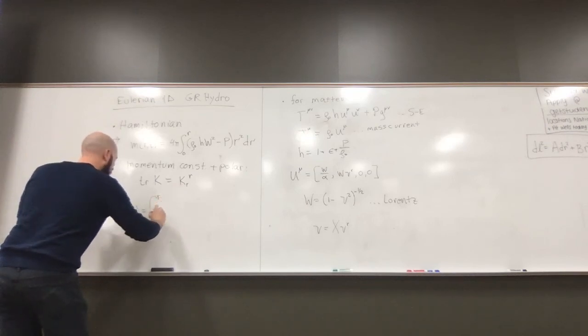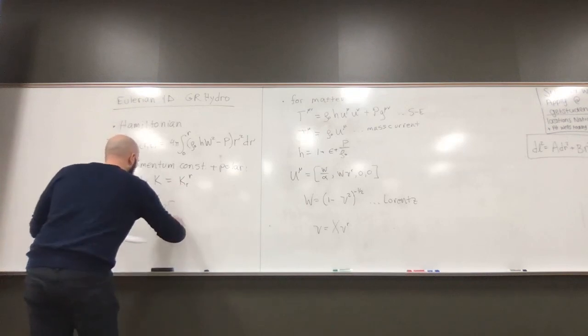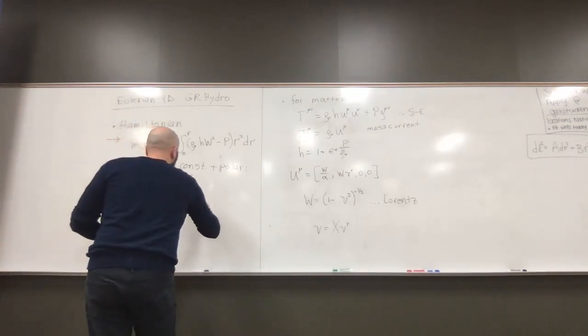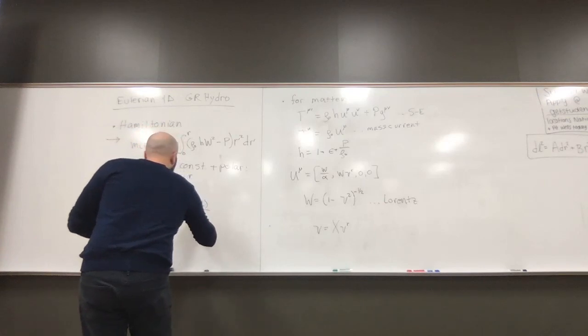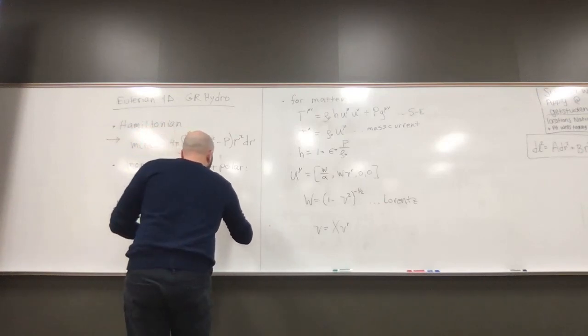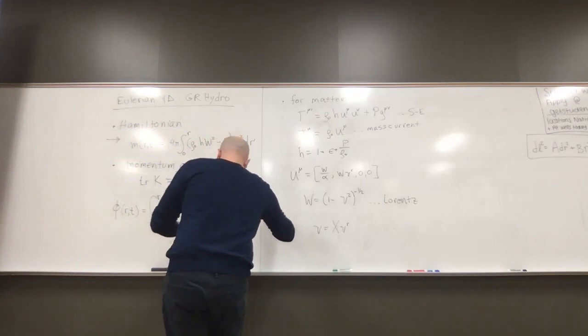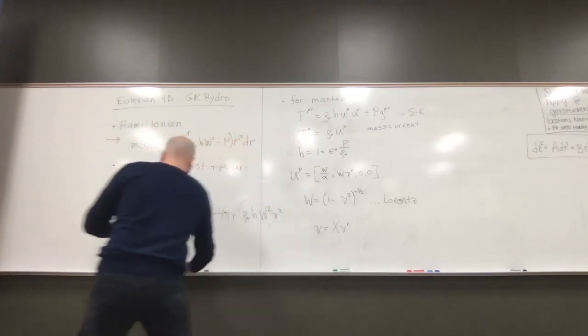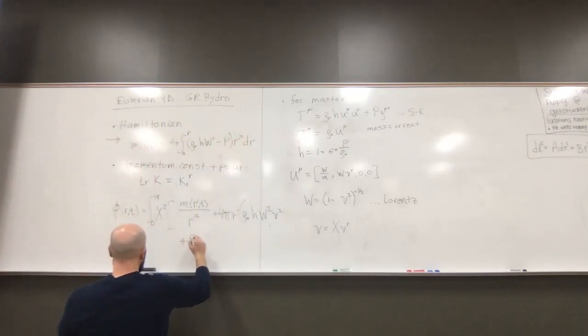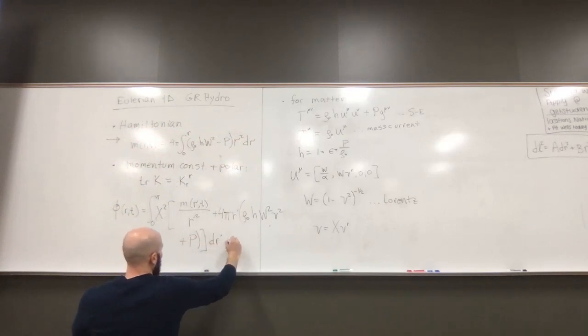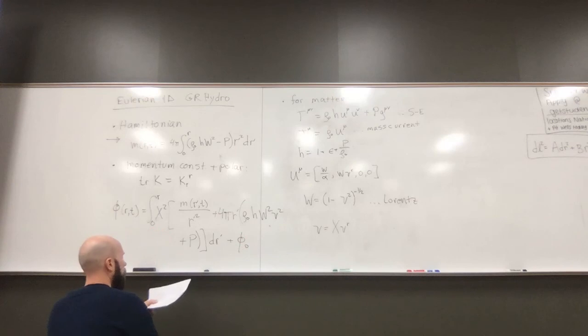My mind's numb. X squared times mass m(r prime, t) over r prime squared, plus 4 pi r prime, all times rho naught h W squared V squared plus P, the pressure, leave that off, dr prime, plus some constant, some initial potential.